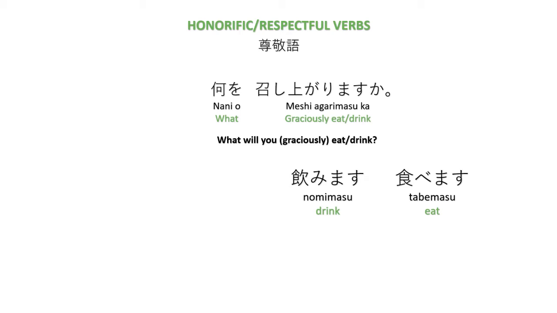When we give respect to someone, instead of saying nani o nomimasu ka or nani o tabemasu ka, we use nani o meshiagarimasu ka? What will you graciously eat or drink? It depends on the context what the translation will be.